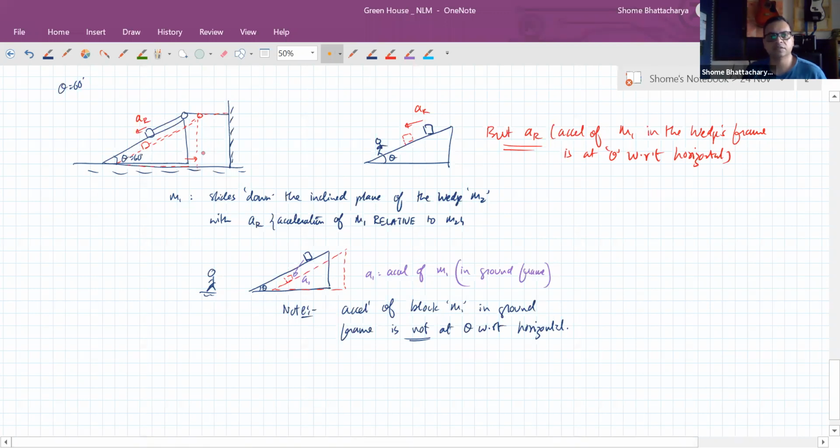And let us say that the wedge's acceleration in the ground frame is A2. So the wedge M2 slides horizontally with acceleration A2 in the ground frame.